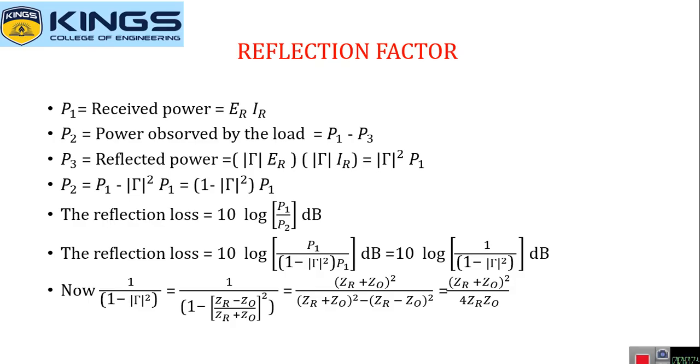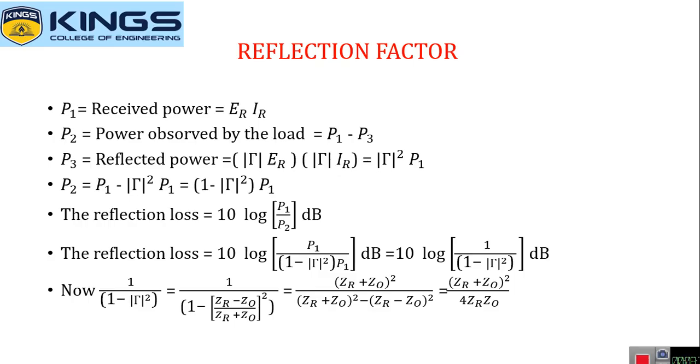If you take the minus inside, the ZR square term becomes minus and the Z0 square term becomes minus, so plus and minus get cancelled. ZR square goes off, Z0 square goes off. Here 2 Z0 ZR will be there, and again minus of minus 2 ZR Z0 becomes plus.